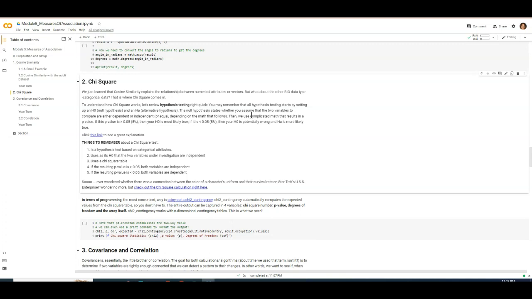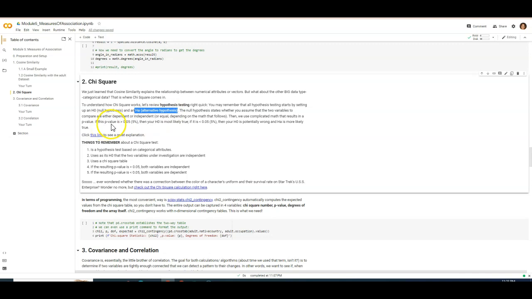Now, before we step into chi-square, we need to understand that chi-square is based on hypothesis testing. Hypothesis testing always starts with a null hypothesis and an alternative hypothesis. The null hypothesis always tells us whether our basic assumption is that the 2 variables we're comparing are either independent or dependent or equal, and the alternative hypothesis assumes the opposite.